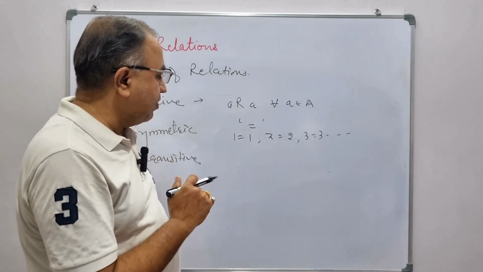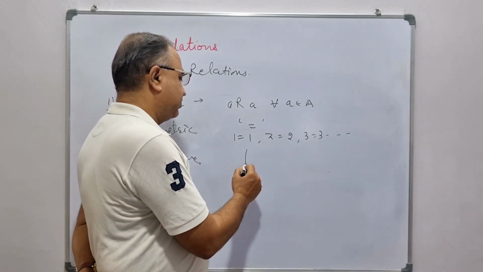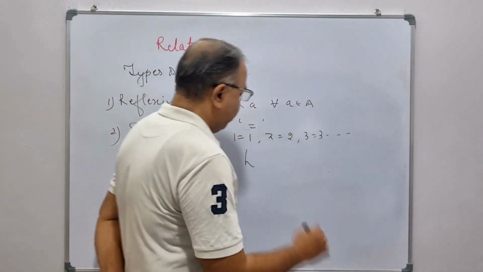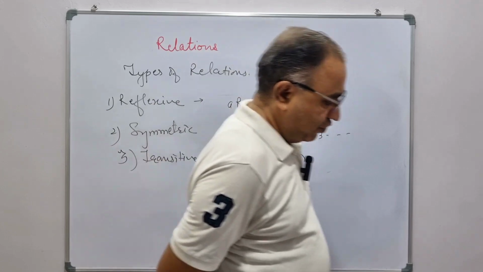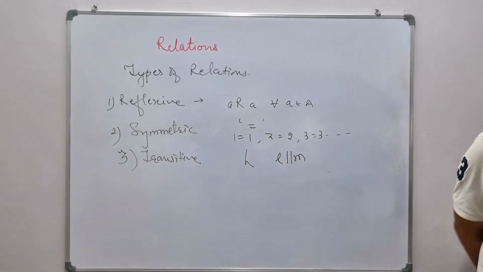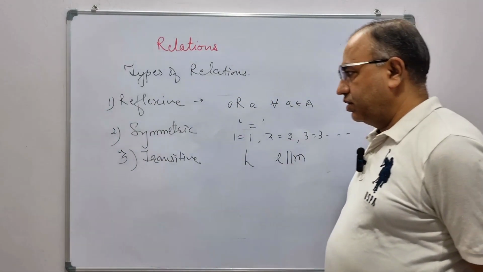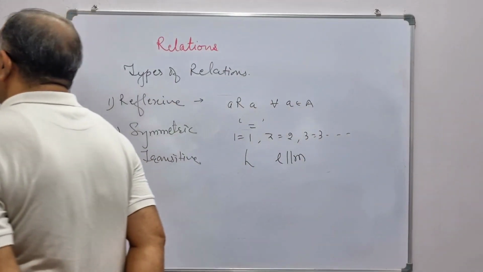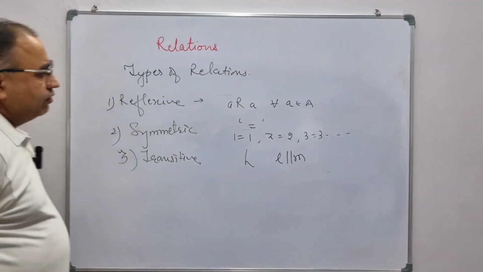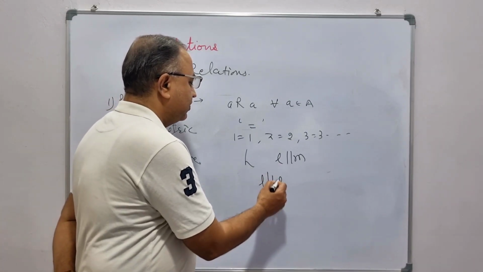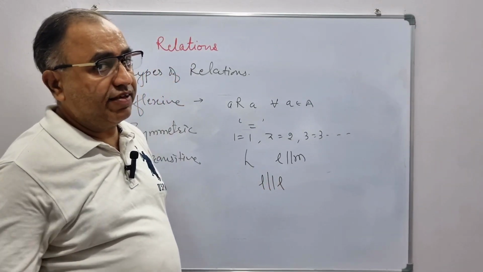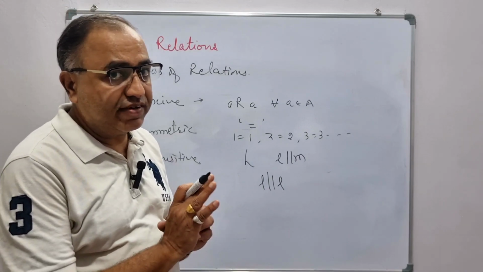For example, if you talk about the family of lines, and I define a relation that a line L is parallel to M, what about this relation? We know that each line is parallel to itself, because unless the two lines are parallel, they will not coincide, right?